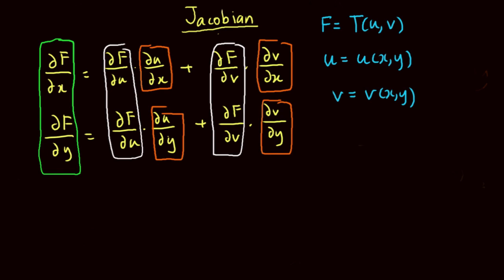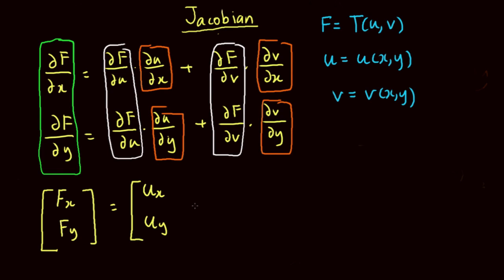So let me write it in matrix form. What we'll end up having is fx, which means del f over del x, and fy equals the matrix with ux, uy, vx, and vy, and then we multiply with fu and fv.